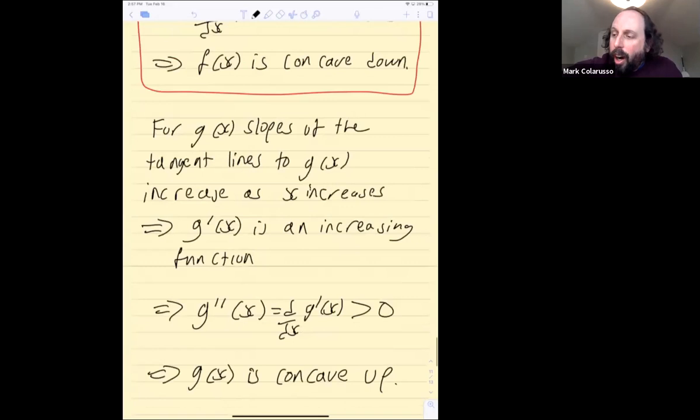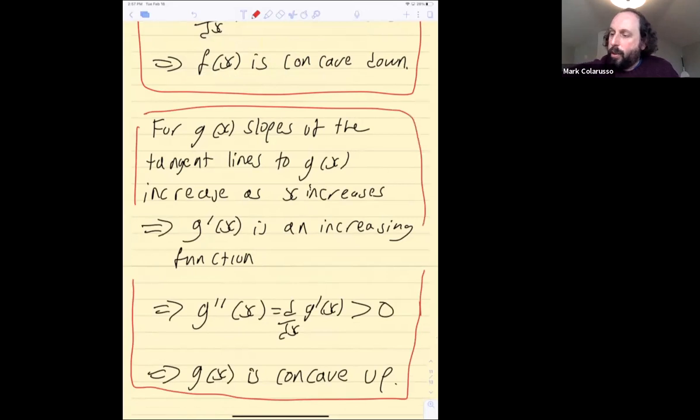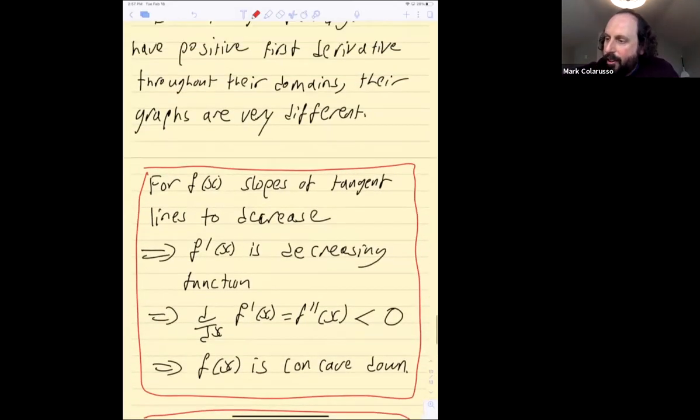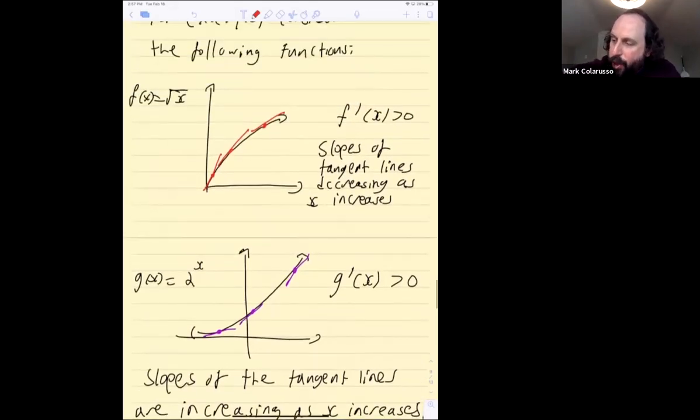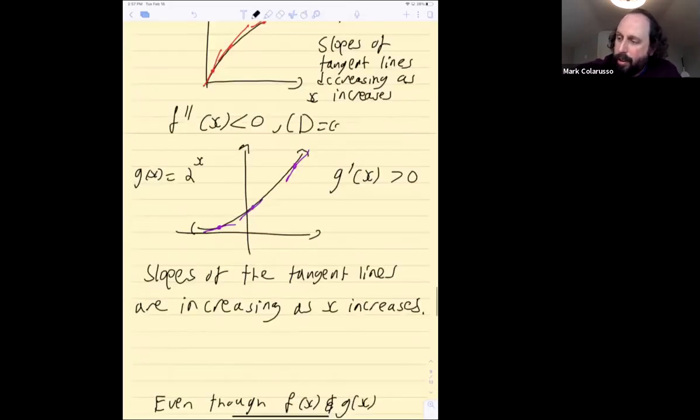Okay, so now I can tell these two graphs apart by looking at their second derivative. Though the first derivative on both of these is positive, this has a negative second derivative, and it's concave down, which I'll just say CD.